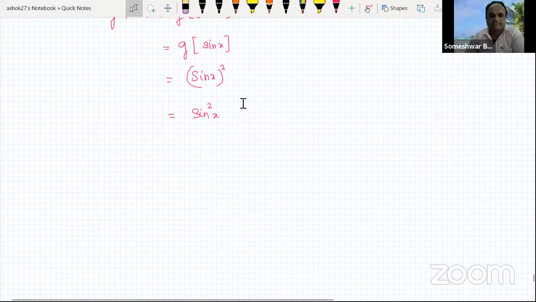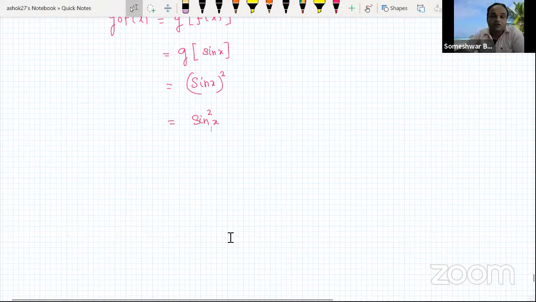So you can observe here, what is the value of f of g? It is sin of x square, and g of f, it is sin square x.